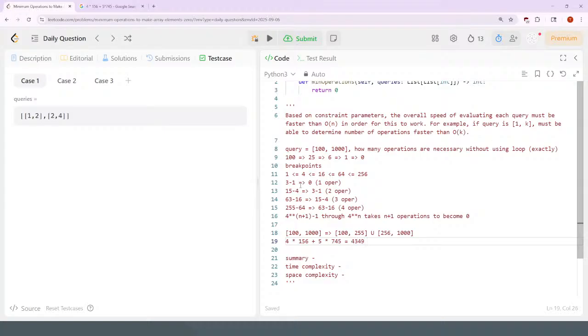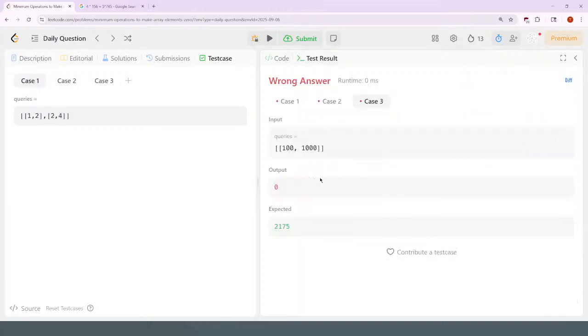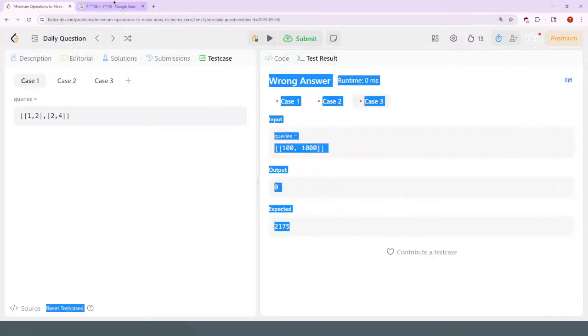Well, and then each operation takes 2, so you divide that by 2, and then round up probably. Like the ceiling of this. Round up, this is going to be 2175.